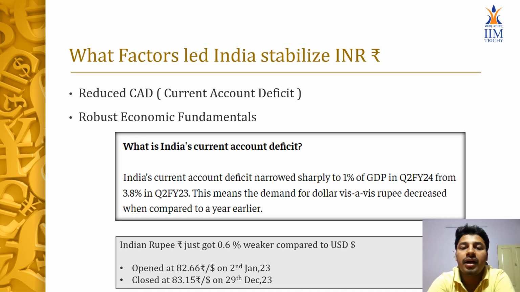This means that the demand for dollars vis-a-vis rupees has decreased compared to the previous year. You can see the Indian rupee has only become 0.6% weaker compared to the US dollar. It opened at around 82.66 rupees per dollar on 2nd January 2023 and closed at 83.15 rupees per dollar on 29th December 2023.